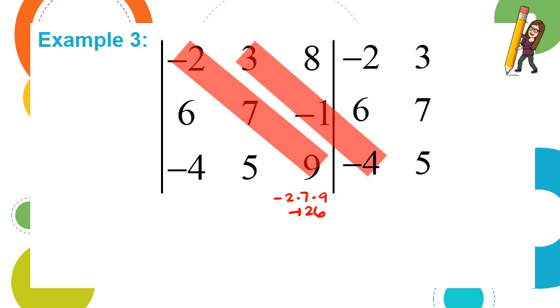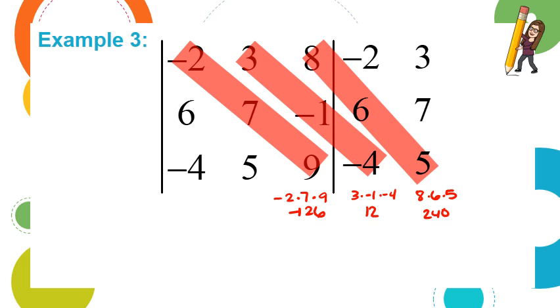I have this diagonal. This diagonal is 3 times -1 times -4. Let's take care of that right away. We end up with 12. And our third diagonal that covers all 3 values, we end up with 8 times 6 times 5. And that gets me to a value of 240.